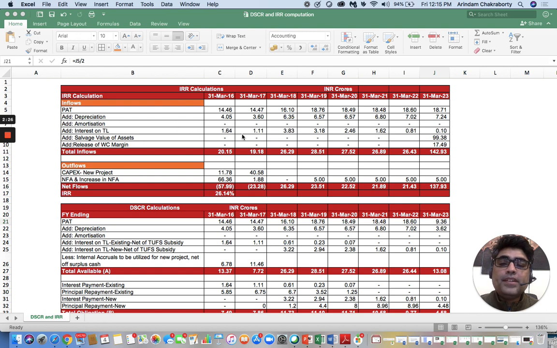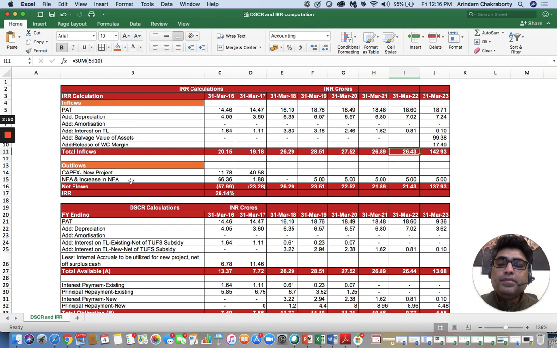So interest on term loan is this set of figures, then the salvage value of assets, which is considered at the end of the period. Then the release of working capital margin: the margin placed by the company gets released by the bank, so that becomes an inflow. The total inflow then gets to be this figure, with the sum function.